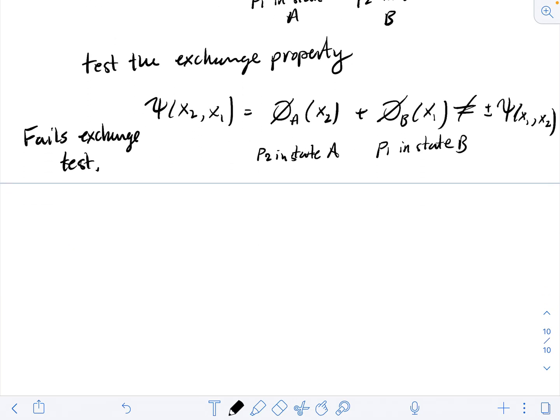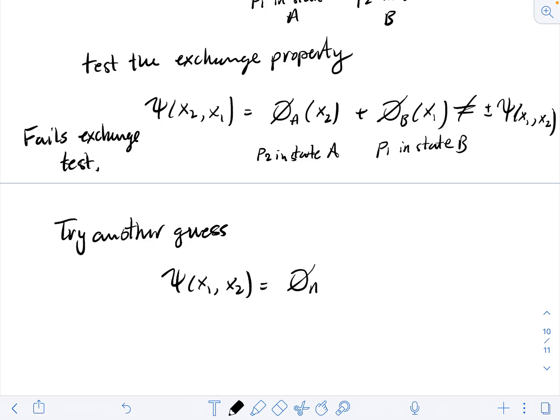Okay. So we can try another guess. So what we could do is, instead of adding the two single particle wave functions, what happens if we take a product?